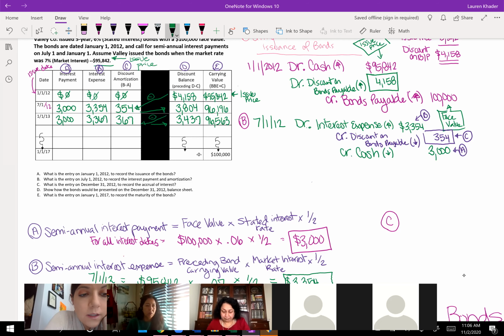For Part C, it says, what is the entry on December 31st, 2012 to record the accrual of interest? So that table is great and all, but we need to make sure that our December 31st bonds payable that's represented in our liability section of our balance sheet is up to date and accurate.